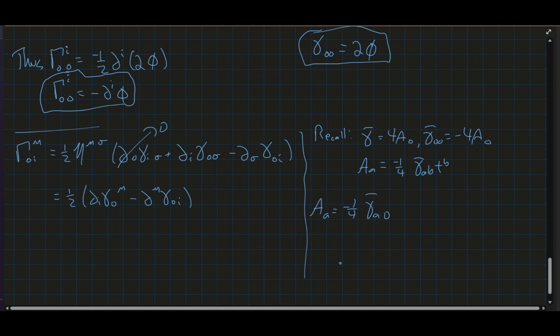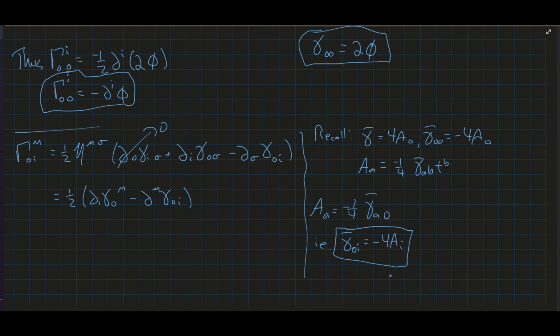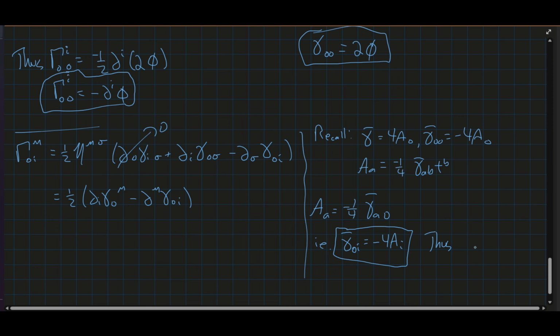And so this means gamma bar 0I is minus 4AI, since these gammas are symmetric. Oh yeah, and then I guess we should also write it this way. It's gamma bar 0 with the I raised. It's going to be minus 4AI. So let's make use of that over here.